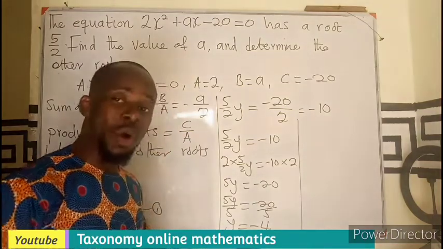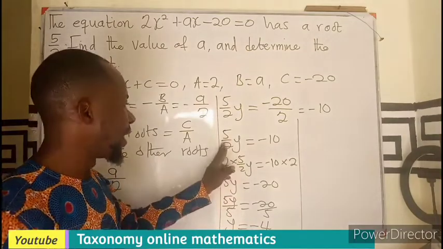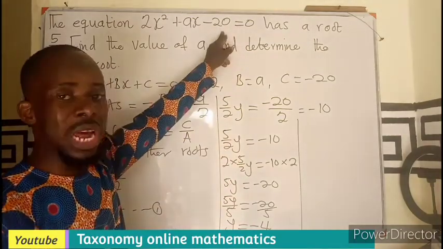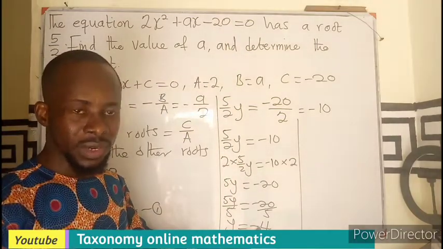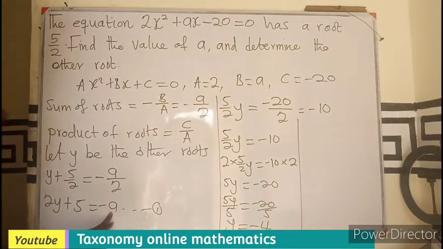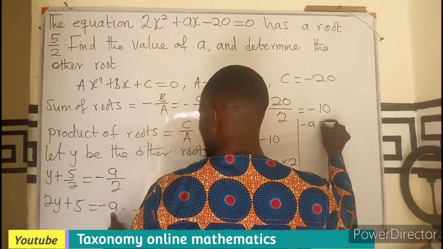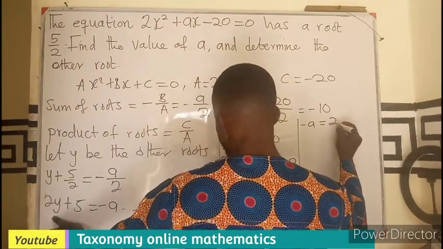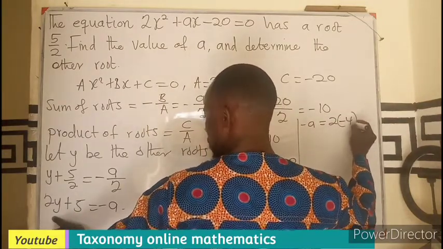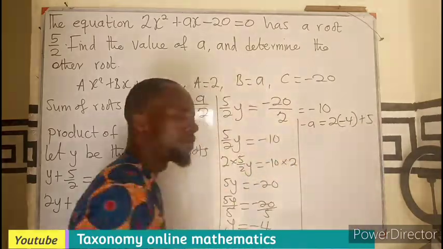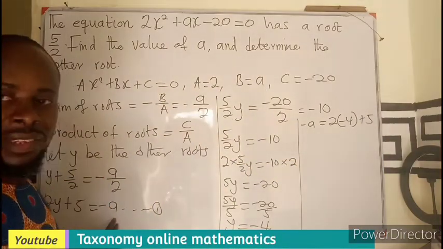It means the other root that multiplies this to give us this product is just minus 4. We can now find the value of a as the question is asking, which we know: minus a is equal to 2y, which is now minus 4, plus 5. We are looking for a, and the a is in equation 1.